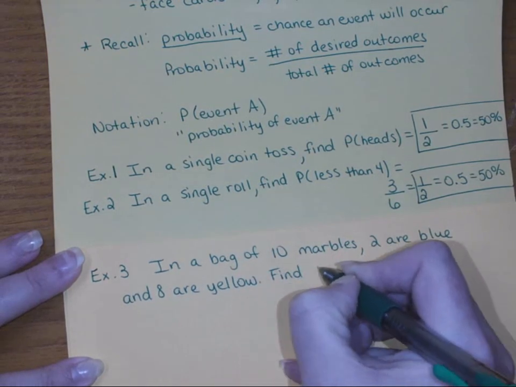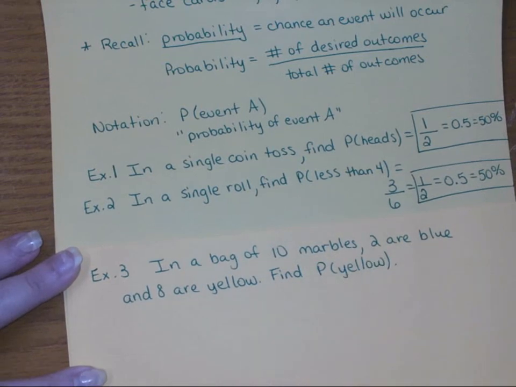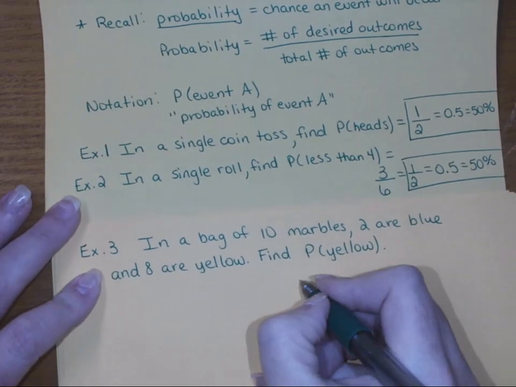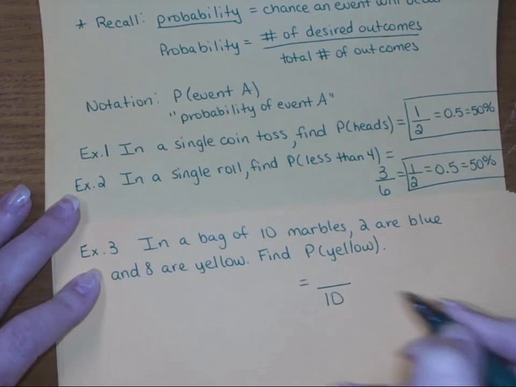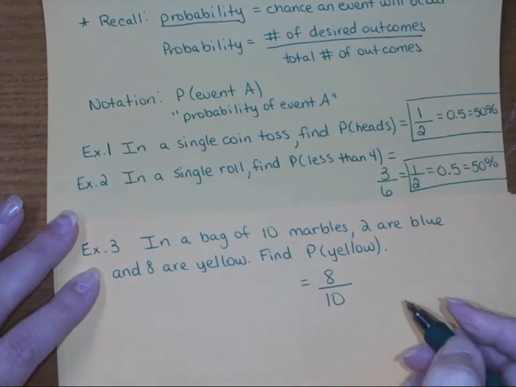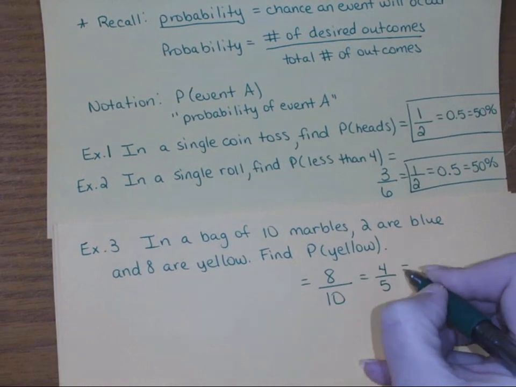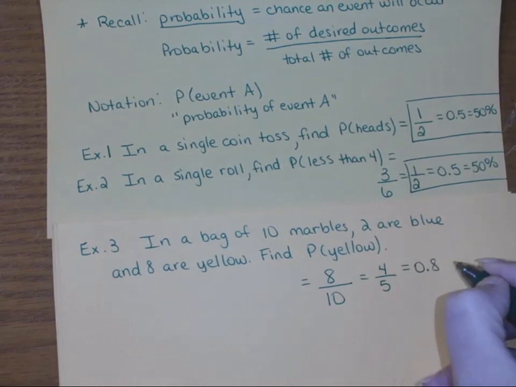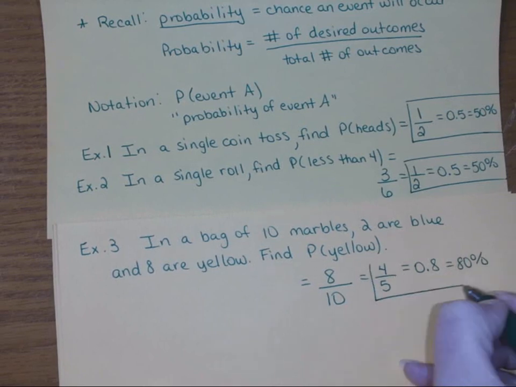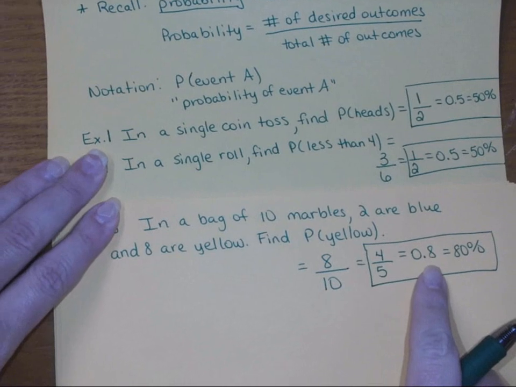I want you to find the probability of doing one draw, and we're going to assume that's the case unless they tell us otherwise, and getting yellow. Remember, on the bottom goes how many options we have. We have 10 marbles, and 8 of those are yellow. We would reduce this to 4/5, but this is 0.8 or 80%. Make sure you're moving the decimal place twice. This wouldn't be 8%, this would be 80%.